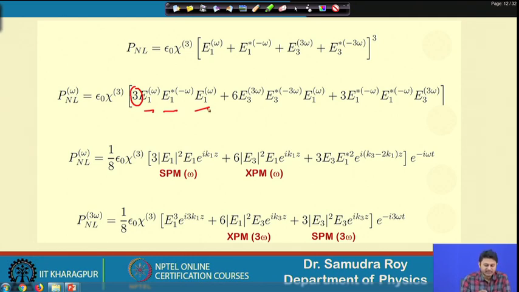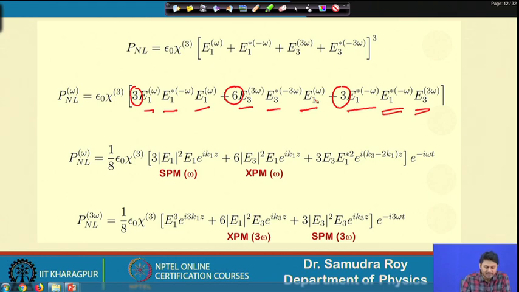Here we have E3 star and E1, and 3 distinct fields. Since 3 distinct fields combine to generate omega, we have a degeneracy factor of 6, because according to our rule, if 3 fields are different we have a degeneracy factor of 6. Here again E1 is the same, E1 star is the same, E3 is different, so we have a degeneracy factor of 3.